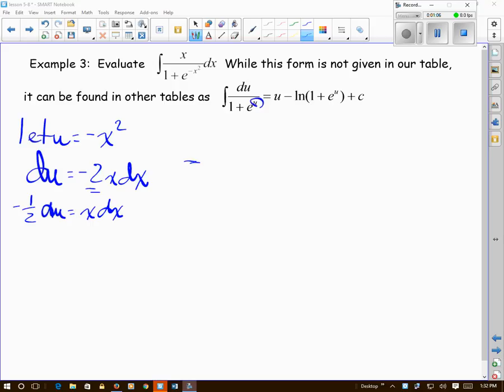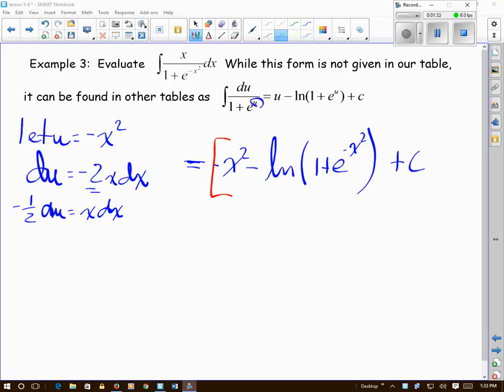So u, which is negative x squared, minus the natural log of 1 plus e to the negative x squared plus c, and there's one other thing that we need there, and that is the negative 1/2, because that went with the du.